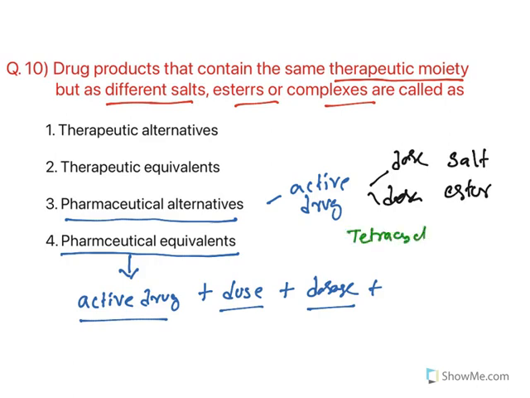Tetracycline is available as tetracycline phosphate or tetracycline hydrochloride. The active ingredient is the same, tetracycline, but there is a difference in salts and esters. What is the question about? Same therapeutic moiety, it is the same, tetracycline, but what is the difference in salts or complexes? So this is the answer.